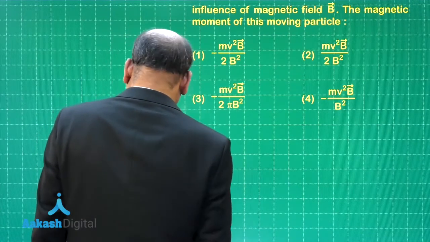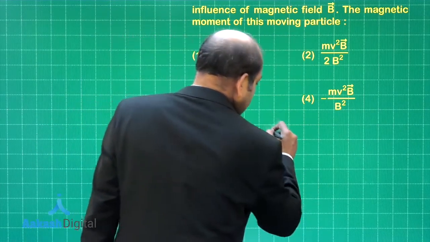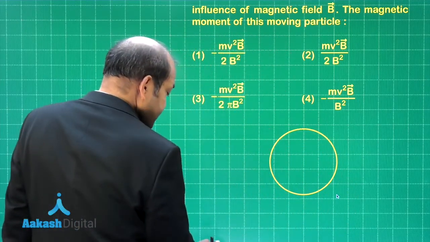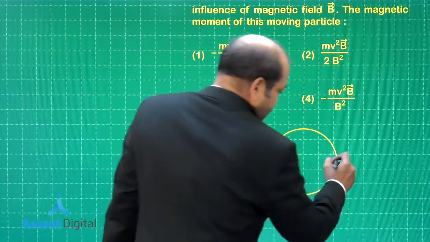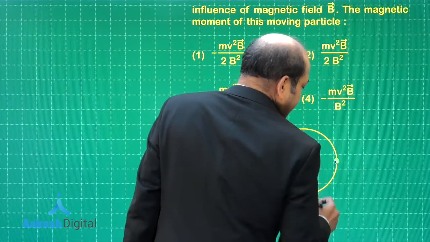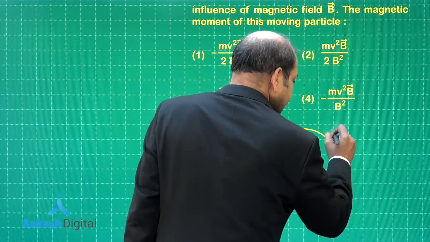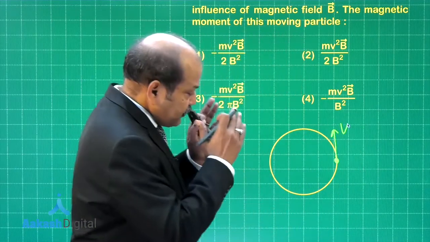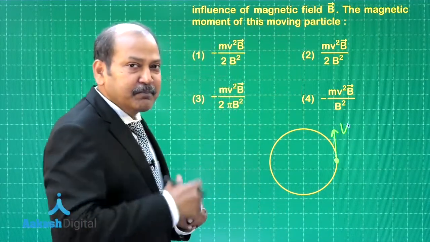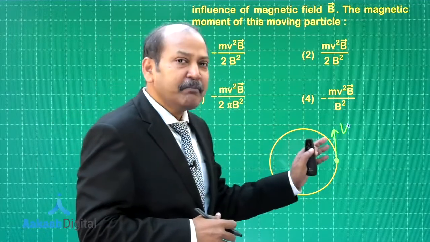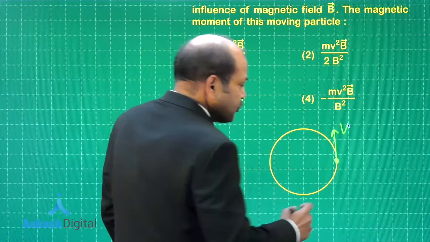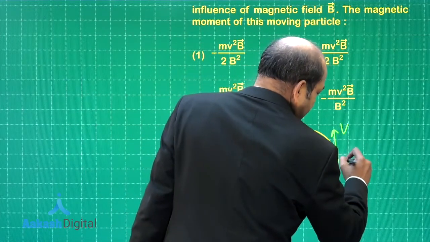Now if it is moving in a plane, let's examine the expression for its magnetic moment. First of all, let's draw a circle along which the charged particle is moving. Let's imagine that the particle is here at an instant and its velocity is directed like this at this moment. So the particle is moving in the circular path due to magnetic force. So what should be the direction of the magnetic field? We assume that the charge on the particle is plus q.